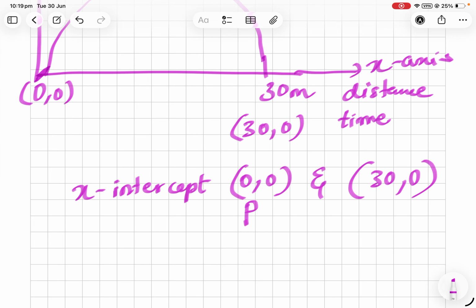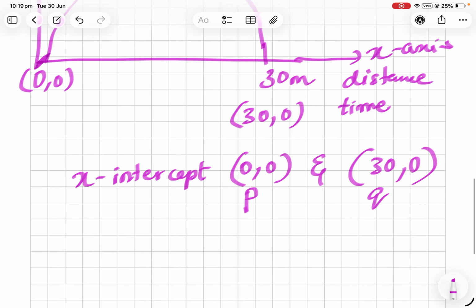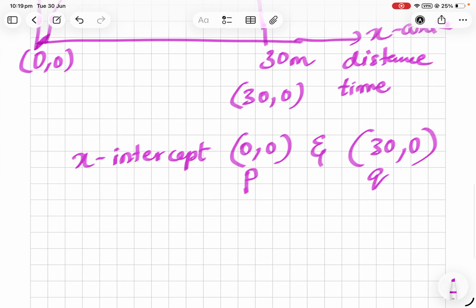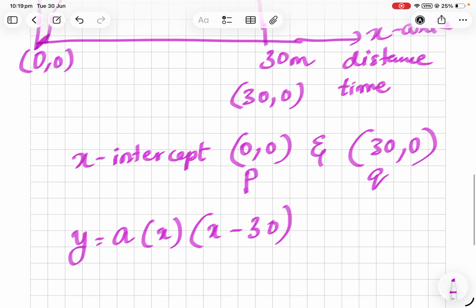So this is your P, this is your Q. Since the ball starts and ends on the ground, our roots, or your x-intercepts, your P and Q, are there. So now using the above formula, it can be written as y equals A times x times x minus 30.